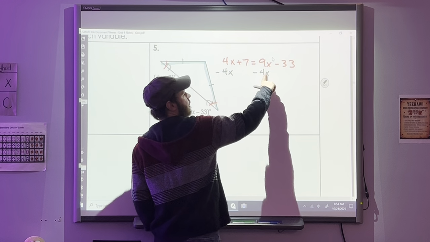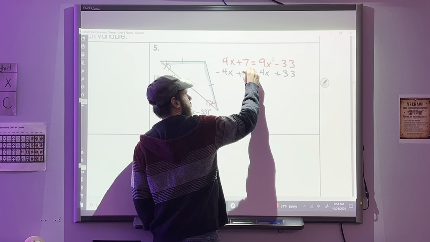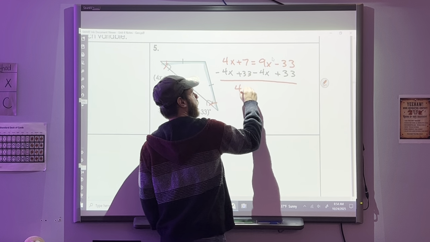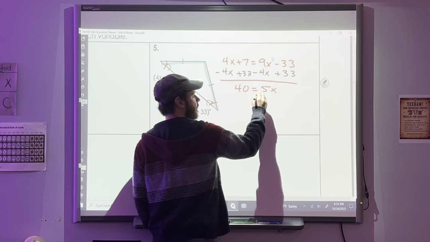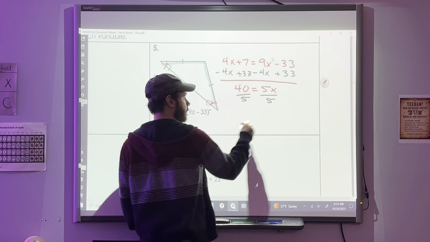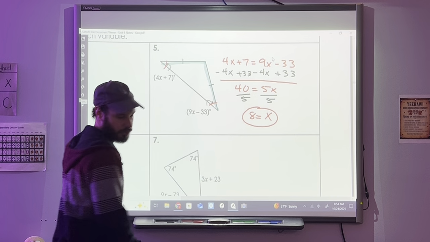Took from the left, give to the right needs to give something back. 40 equals 5x. Divide. So x is 8.